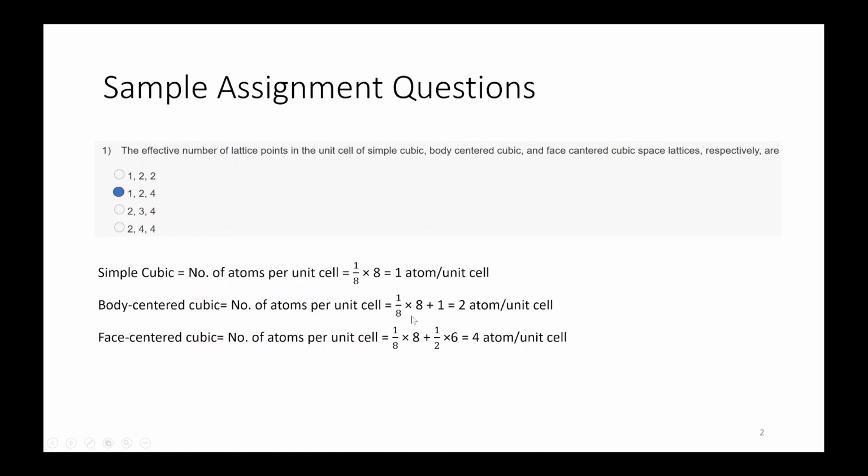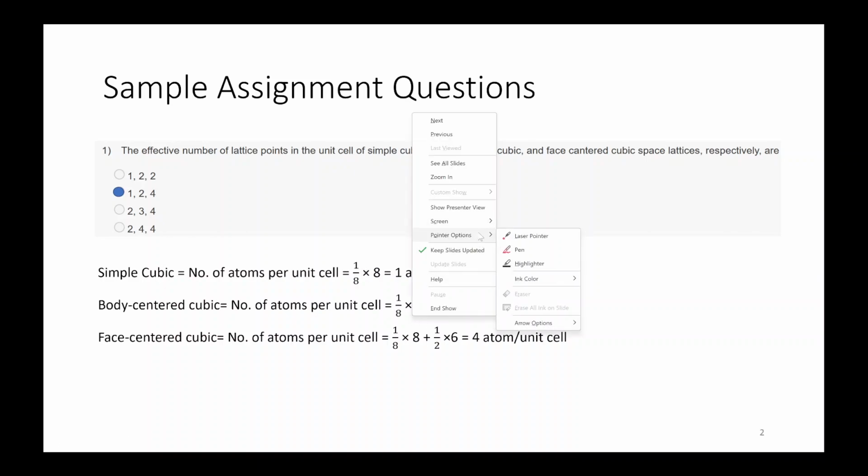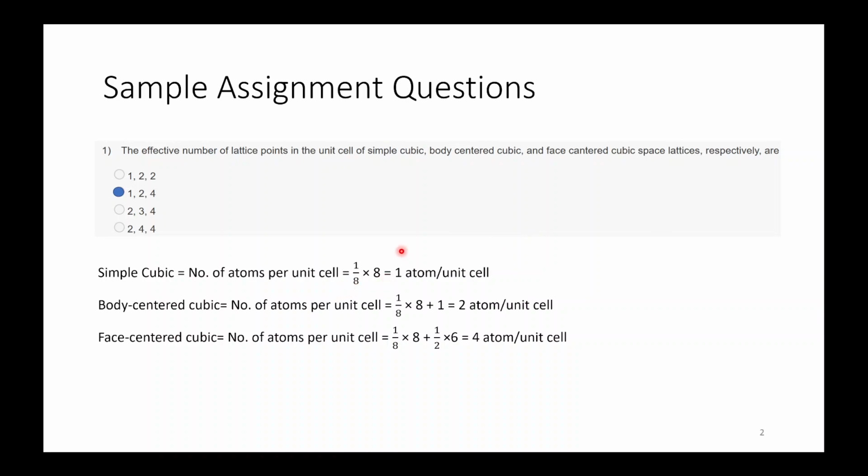So 1/8 times 8 gives 1 atom per unit cell in simple cubic. In body centered cubic, you have 1 atom at the body center and 8 atoms at the corners, similar to simple cubic. So there is 1 extra atom, giving 2 atoms per unit cell.